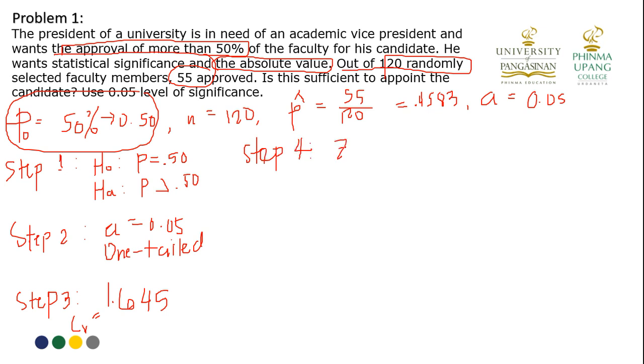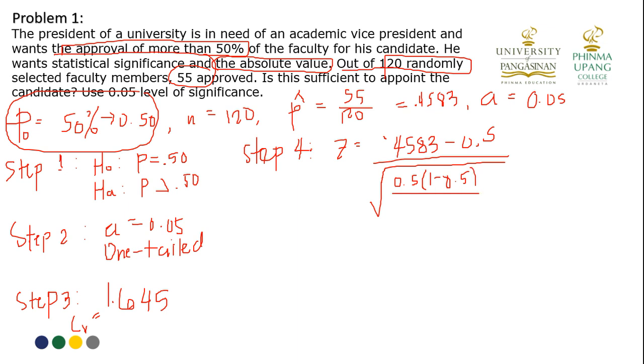Let's move on to step number 4. We're going to solve na po si proportion. Ang P hat natin is 0.4583 minus 0.5, over square root of 0.5 times 1 minus 0.5, all over yung n natin dito is 120.